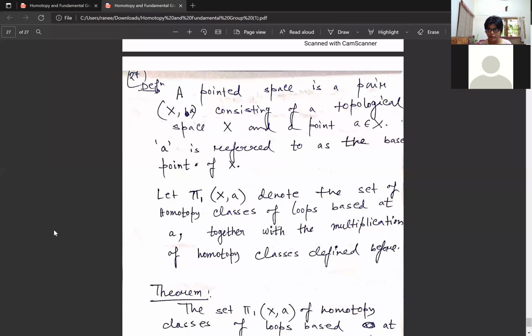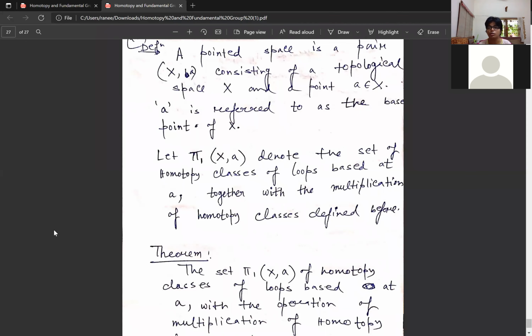If I have a function f from X to Y, then the function will be determined by where it will send A, like what will be my f of A.